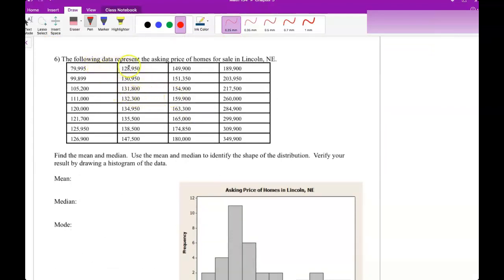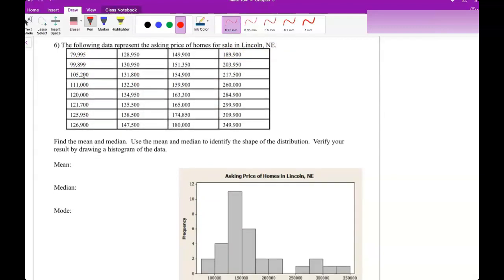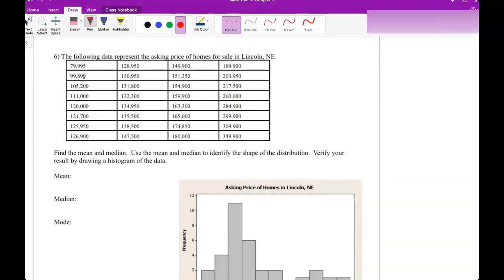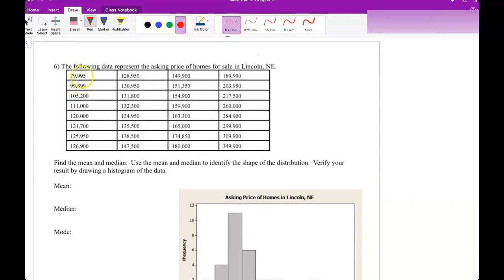Okay, example: the following data represent the asking price of homes for sale in Lincoln. So we have all these numbers, and these are in order.